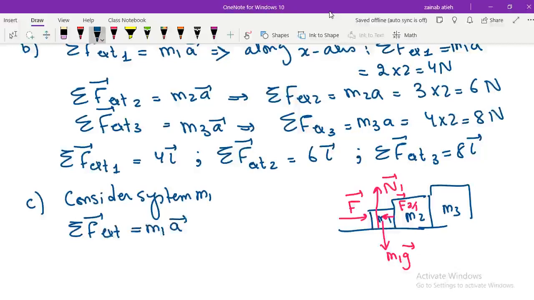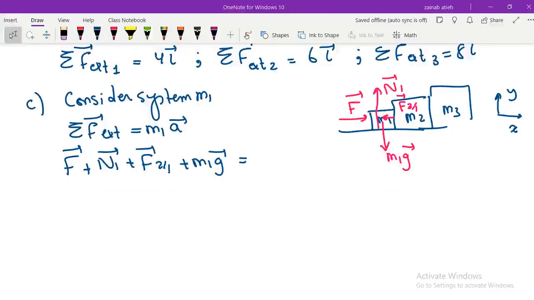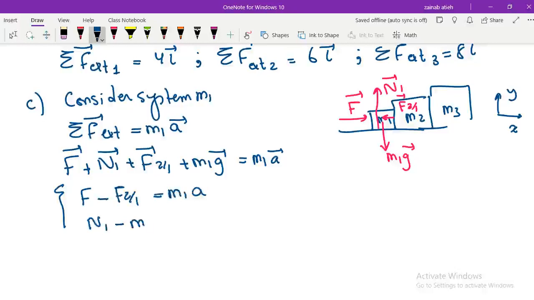I have 4 forces which are F plus N1 plus F exerted by 2 on 1 plus M1G equals M1A. Let's project now along the X and Y axes. On X we have F minus F2 on 1 equals M1A, and on Y it equals 0: N1 upward minus M1G downward equals 0.